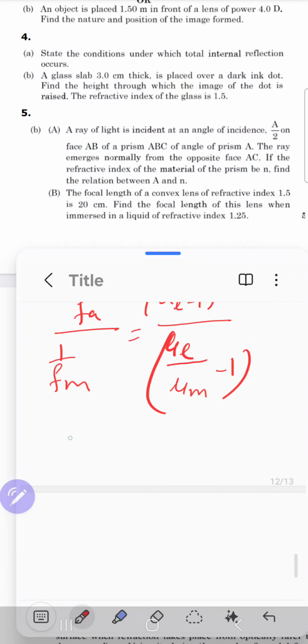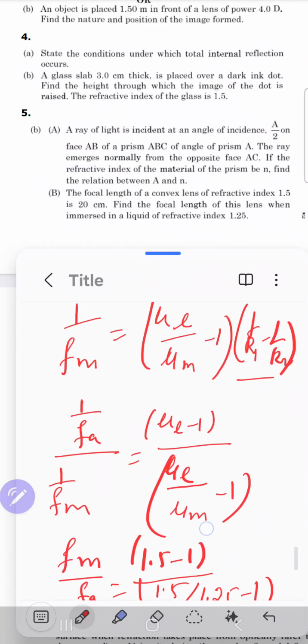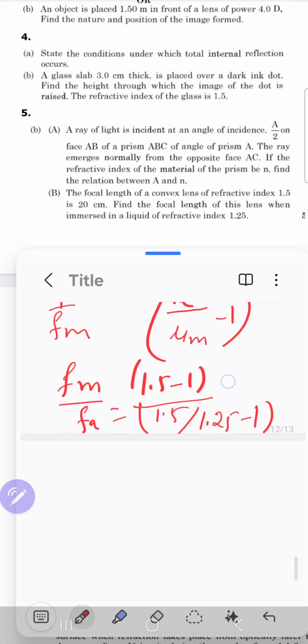So this would become Fm over Fa. Mu L is 1.5 minus 1, and here it is 1.5 over 1.25 minus 1. Now the focal length in the air is given as 20 cm.